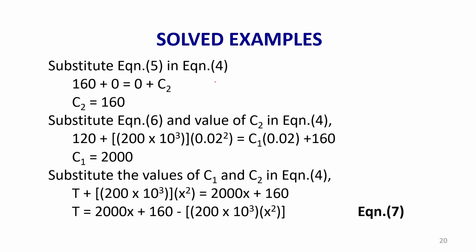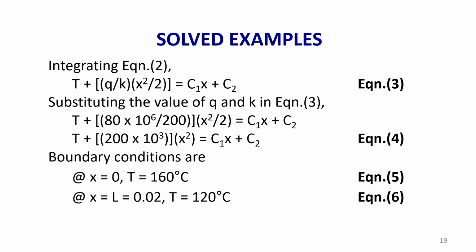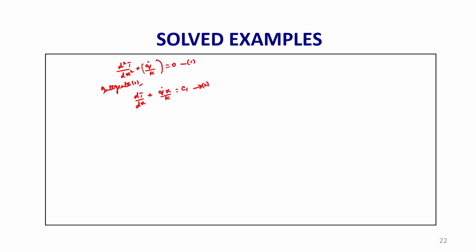That is what I have got here, dT by dx plus Q dot by K into x equals C1. Again integrate equation number 2. First I integrated equation 1, so d square T by dx square reduced to dT by dx.